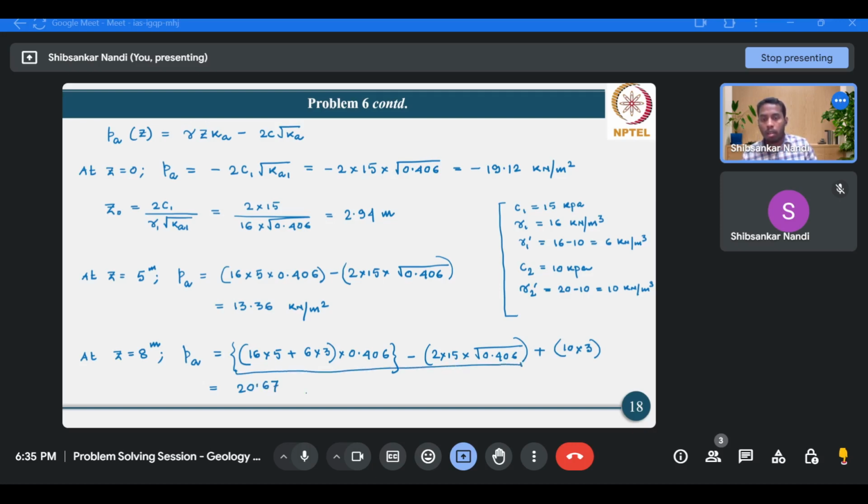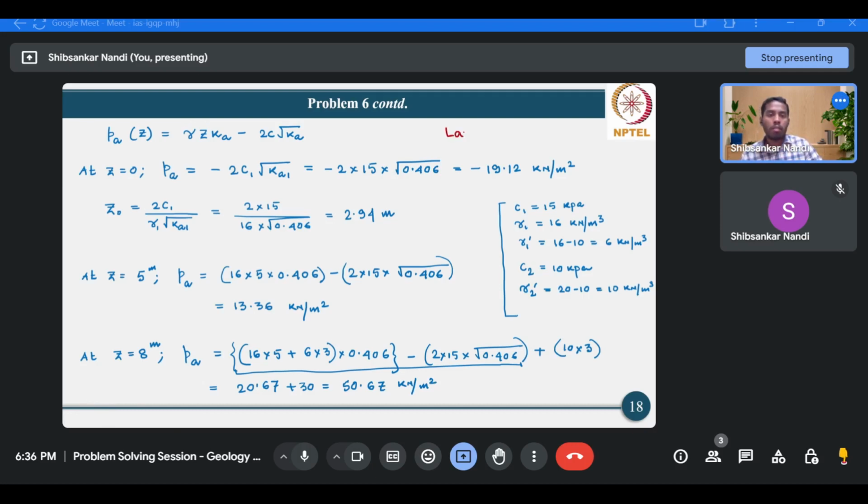Okay, considering the first two components plus 30, that means 60.67 kilonewton per meter square. Now this is for layer 1.